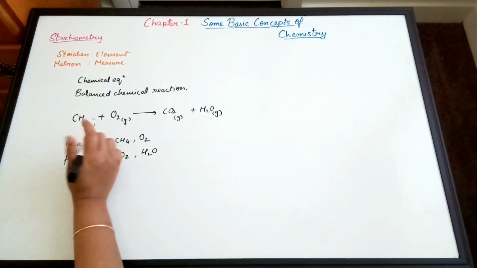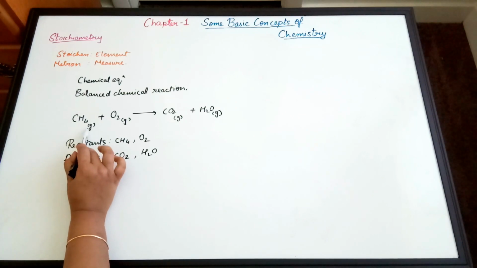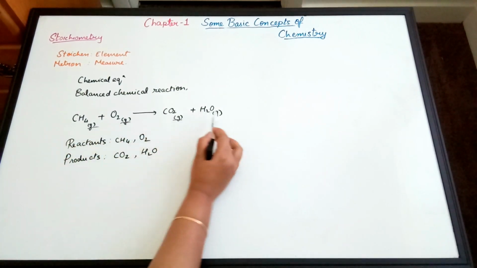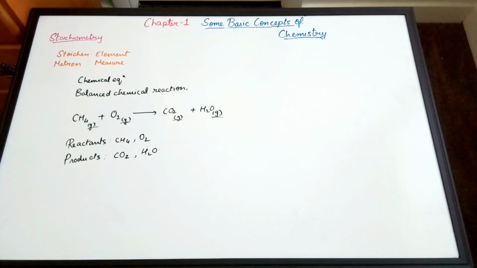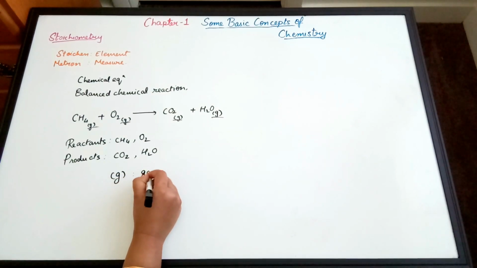Now in this reaction, if you notice, in the previous one I didn't put anything in brackets. These tell us the state of the particular substance. Gaseous is G, for gas.